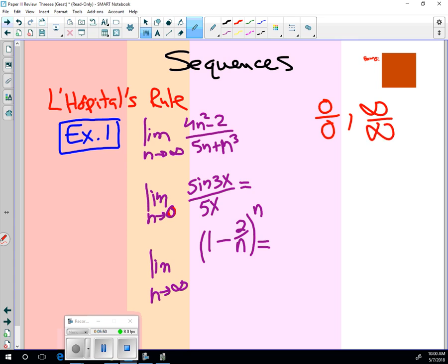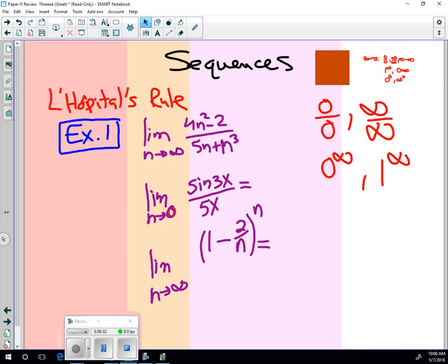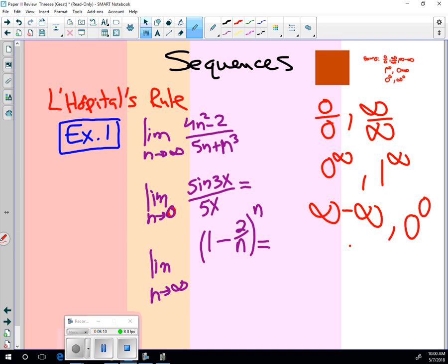What else? 0 times infinity, yep. I know 1 to the infinity, and then this is where I forget them. Infinity minus infinity, that's one. You're right, 0 to the 0. Yep, and then the last one is infinity to the 0.